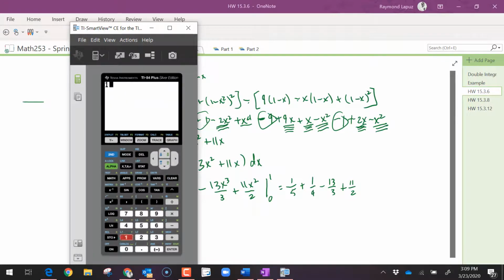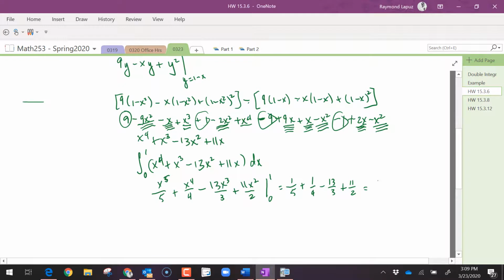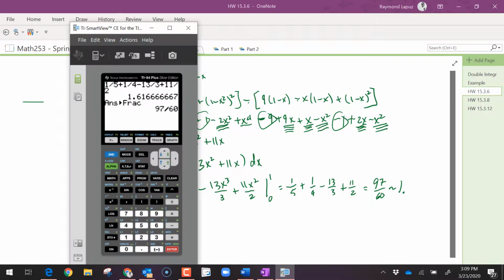So we got 1/5 plus 1/4 minus 13 divided by 3 plus 11 over 2. I think we can make that into a fraction. 97 over 60. I guess it's also important to figure out what the decimal approximation is. 1.616.